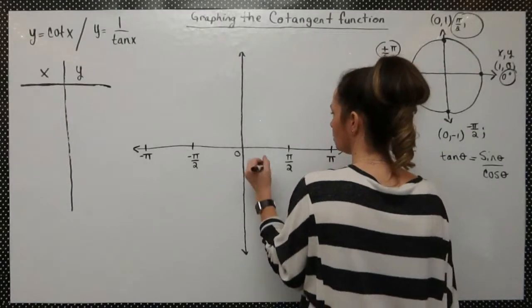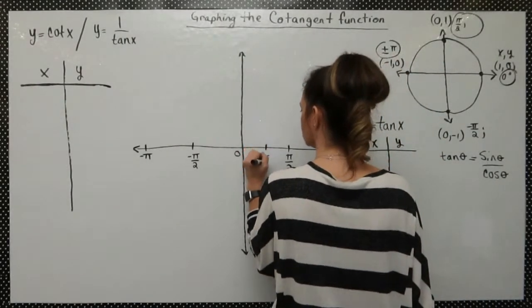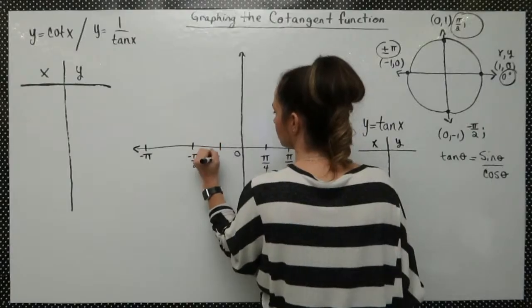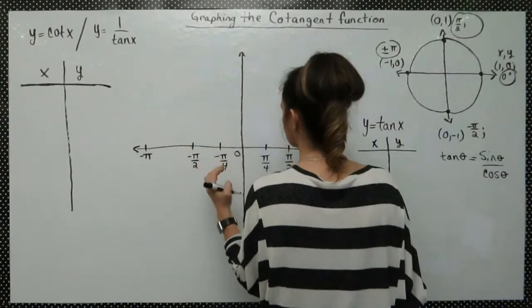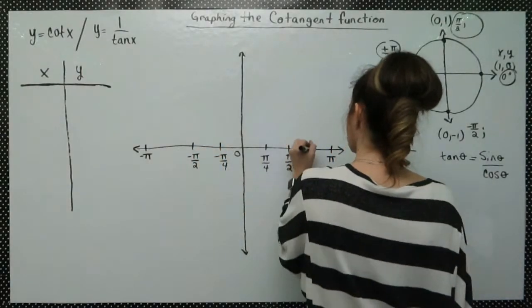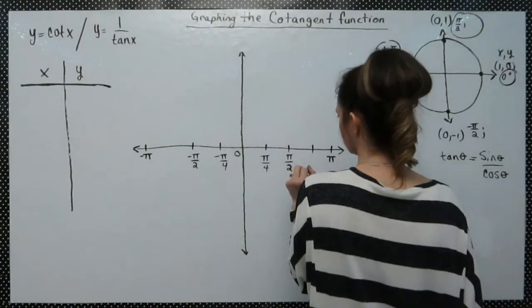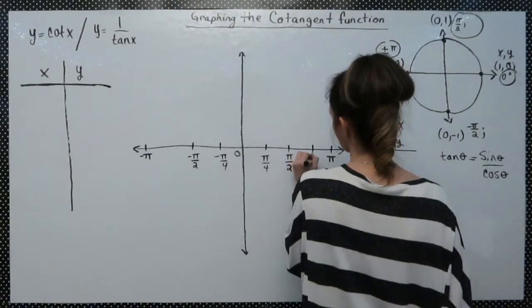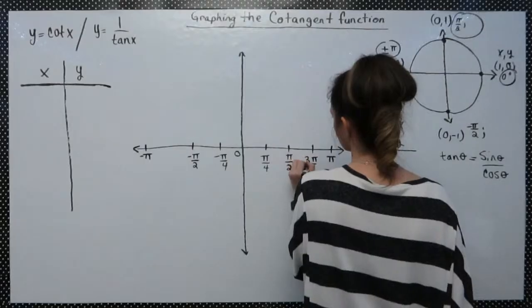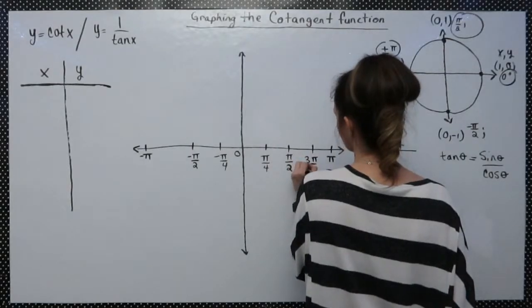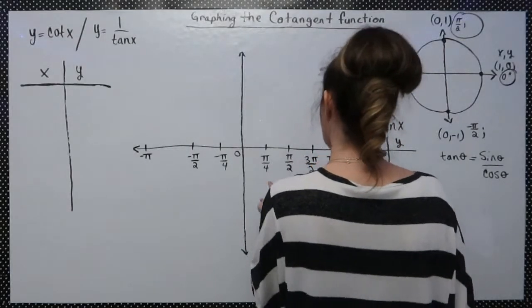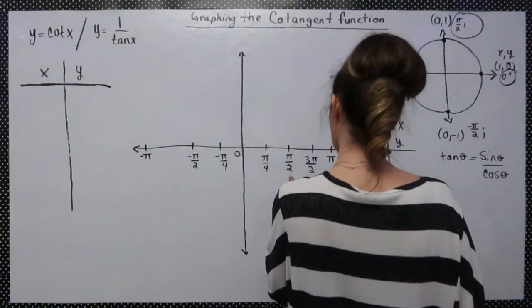So we're going to do pi over 4. So we'll put in negative pi over 4. And we're going to go to, that's 3 pi over 2. Hang on a minute. Pi over 4, pi over 2.